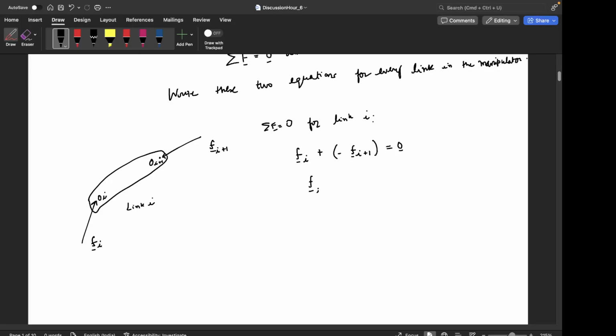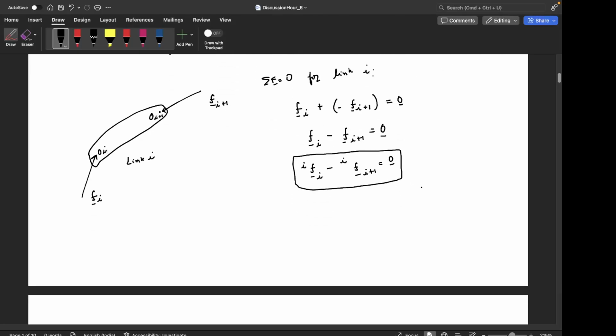So the equation becomes Fi minus Fi plus 1 is 0, and we can express this in the ith frame itself. Then this becomes like this. So this is the force balance equation, very straightforward, just the application of the static equilibrium equation.